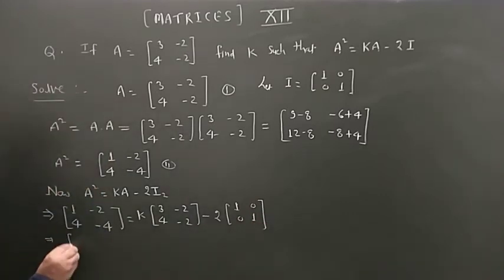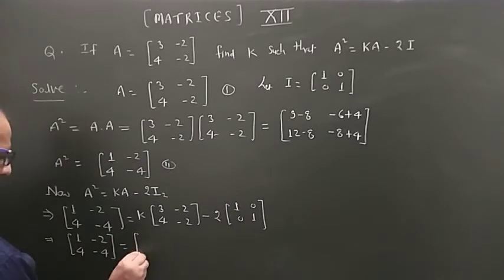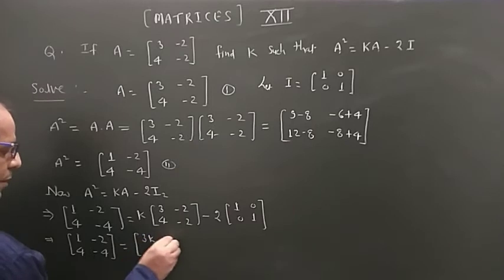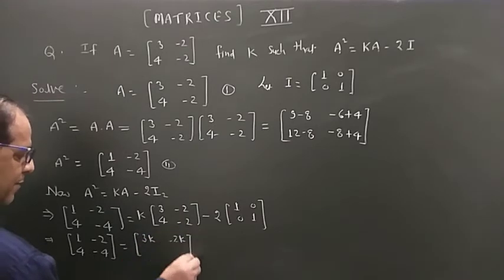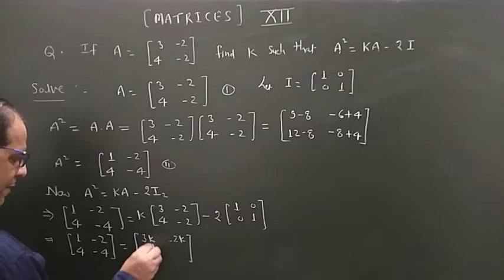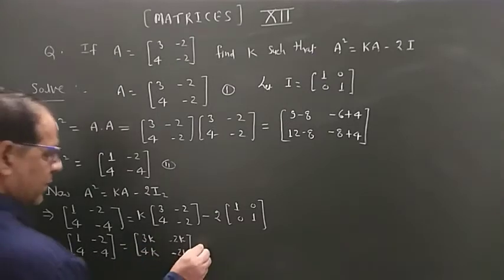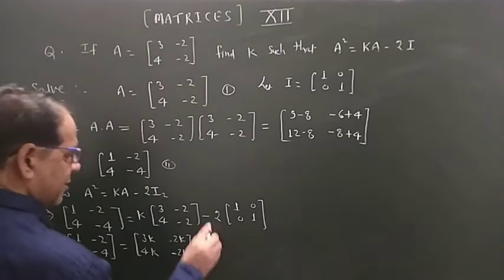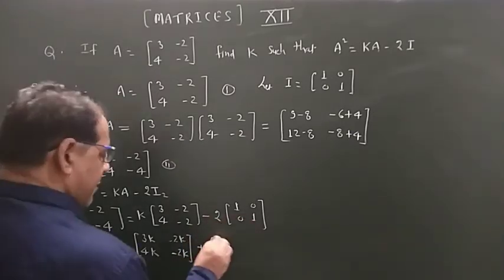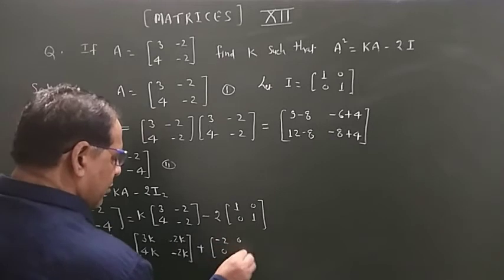Here, 1 minus 2, 4 minus 1 equals k multiplied inside, so we have 3k minus 2k, 4k minus 2k, plus this minus 2 multiplied inside, so we have minus 2 0 0 minus 2.